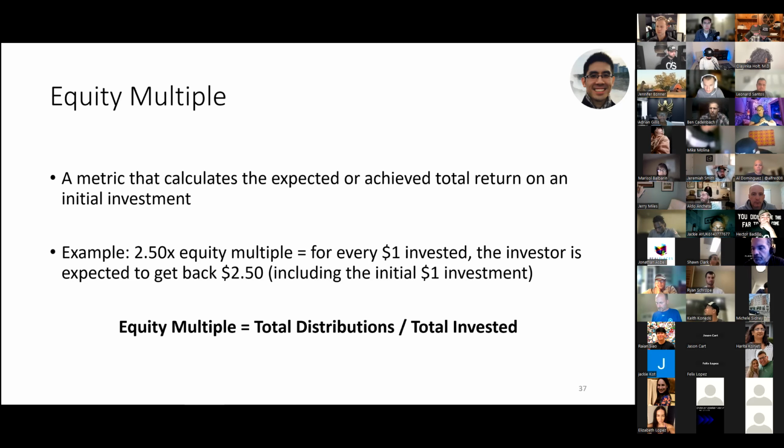If your GP didn't put any money in, they have no initial investment. All of it's coming from investors. So all the cash flows could be split depending on how the deal is. So like you said, the asset equity multiple can be different than the equity multiple for an LP. Typically, it'll be a little bit lower.